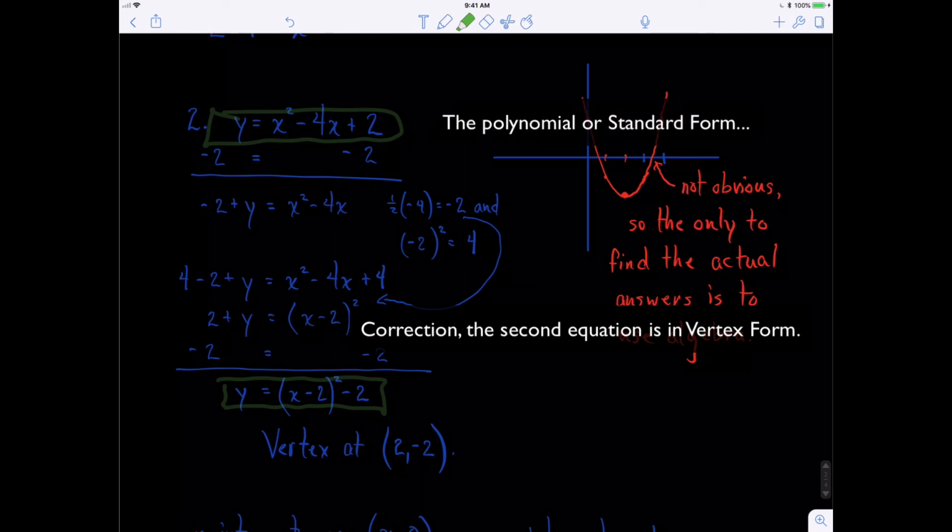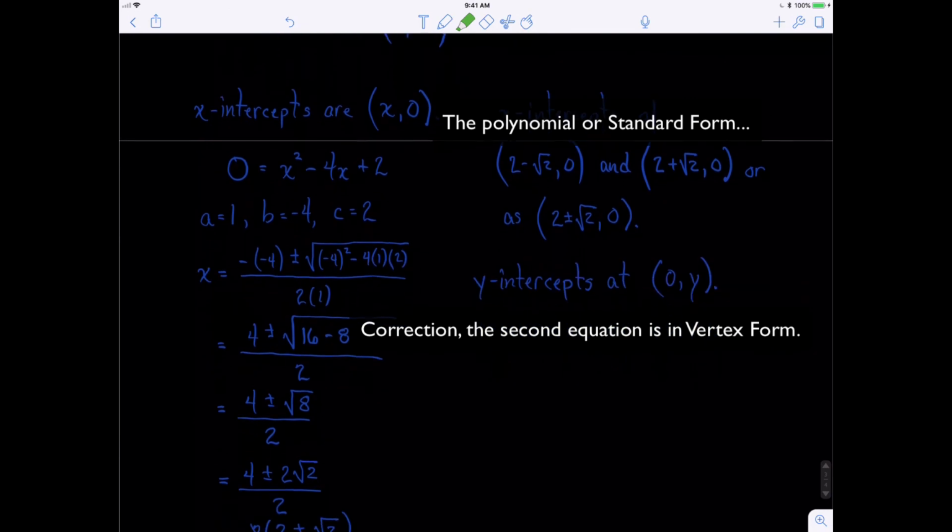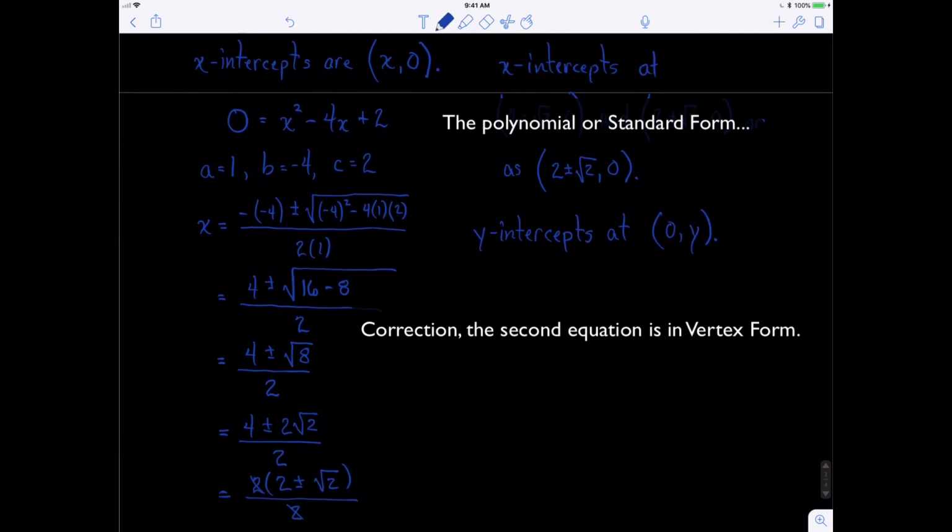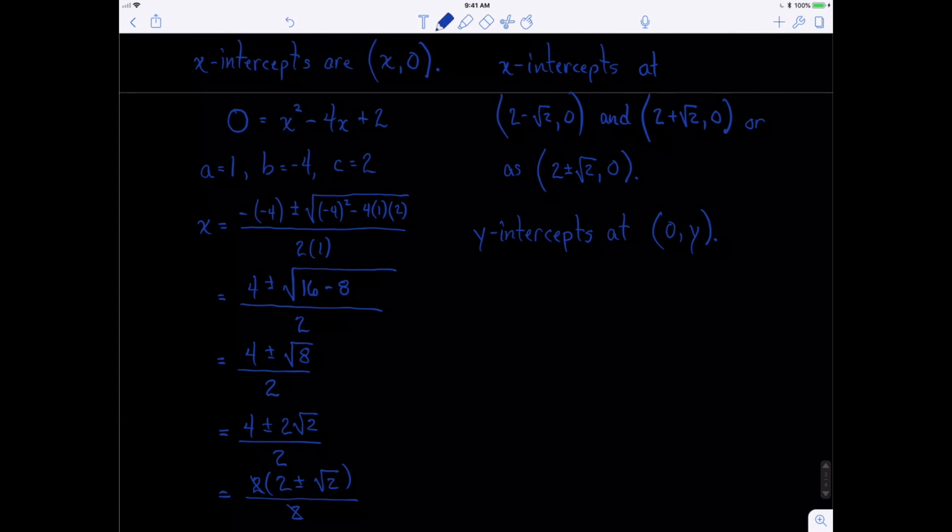Either one works, but in different situations, different forms are more helpful. So let's use that. If I write this as y equals 0 squared minus 4 times 0, so far everything's 0. My final value was plus 2. There it is. y equals 2. So my y-intercept is at the point 0 comma 2.